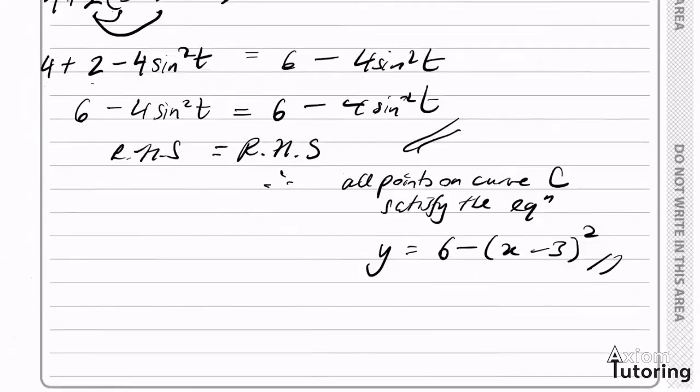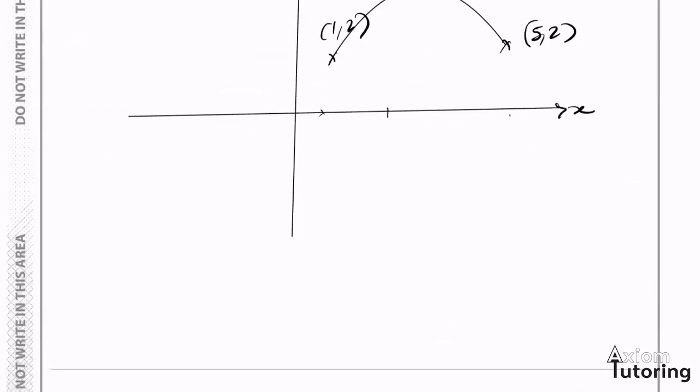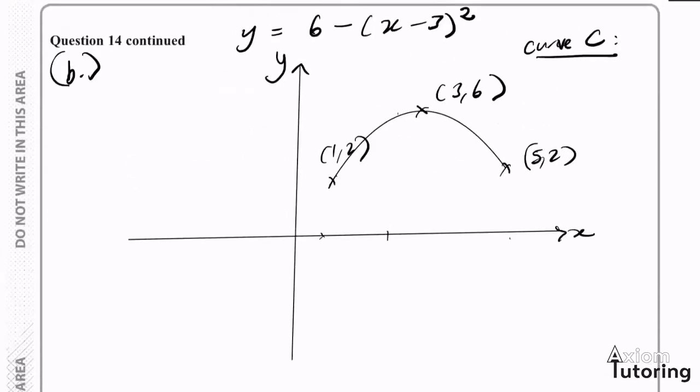And we've explained exactly why it does not include all the points of our quadratic here, and that's because sine has a minimum and maximum value, a range between 1 and -1, and so you're going to get a range of values for x. So you can make a note of that here.